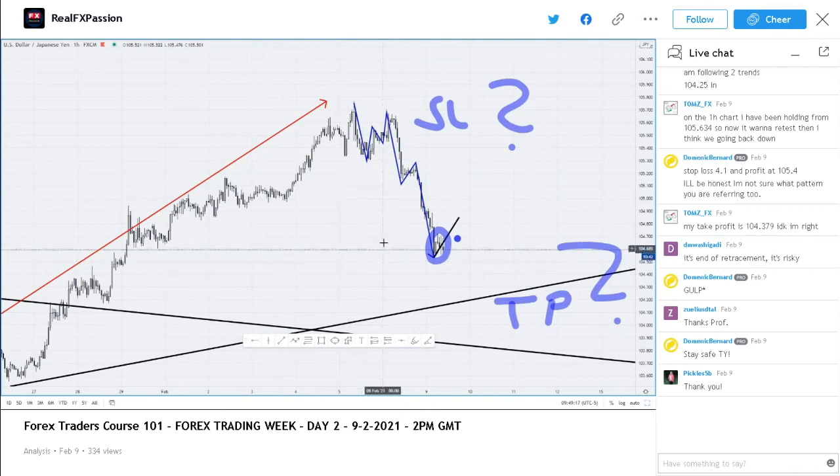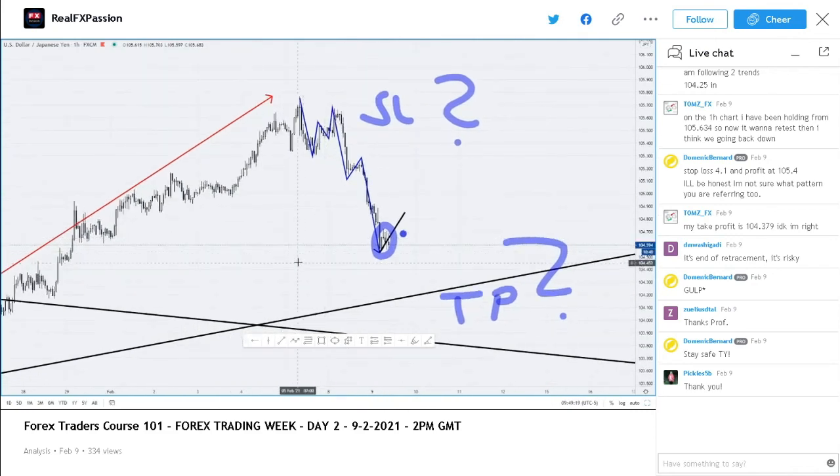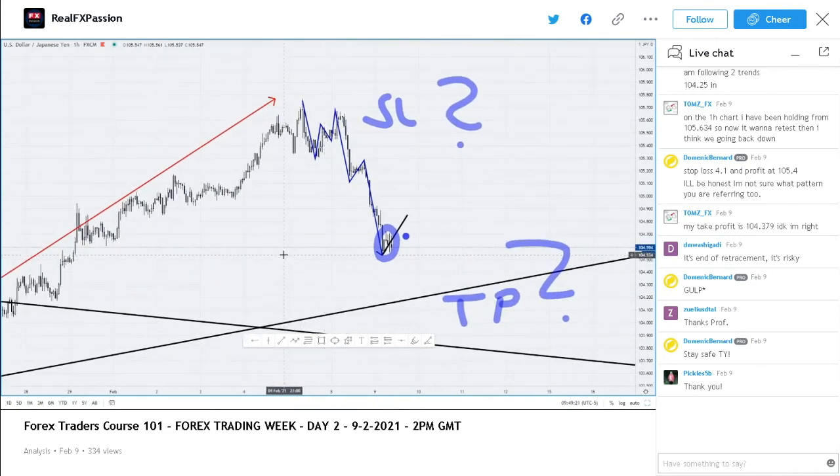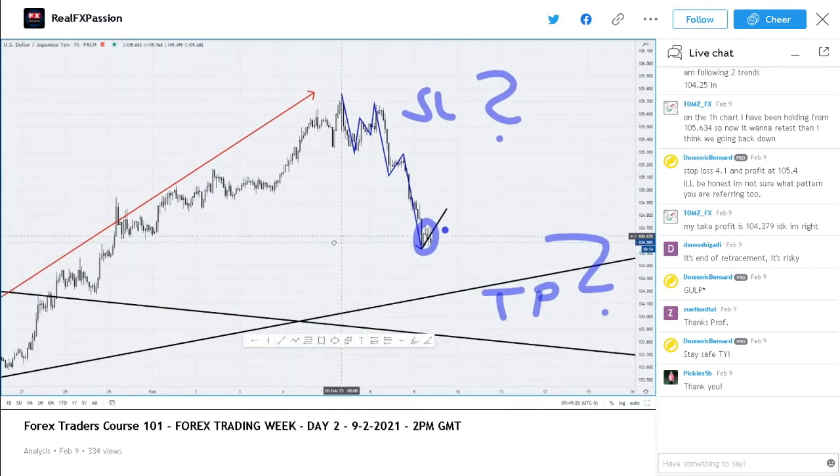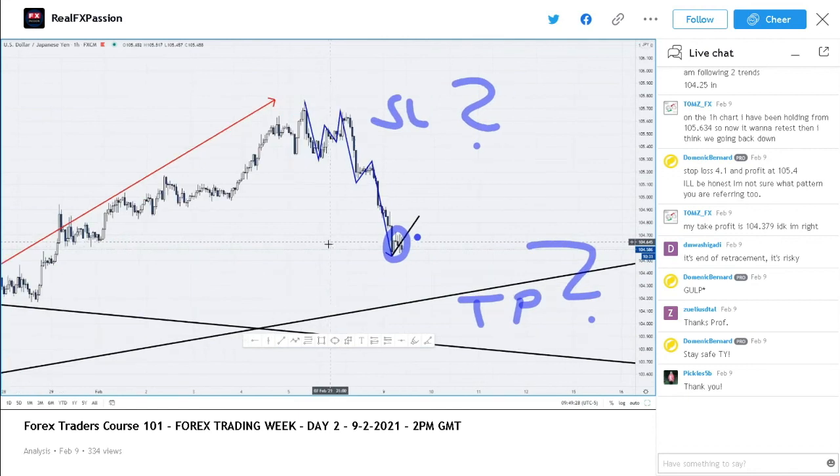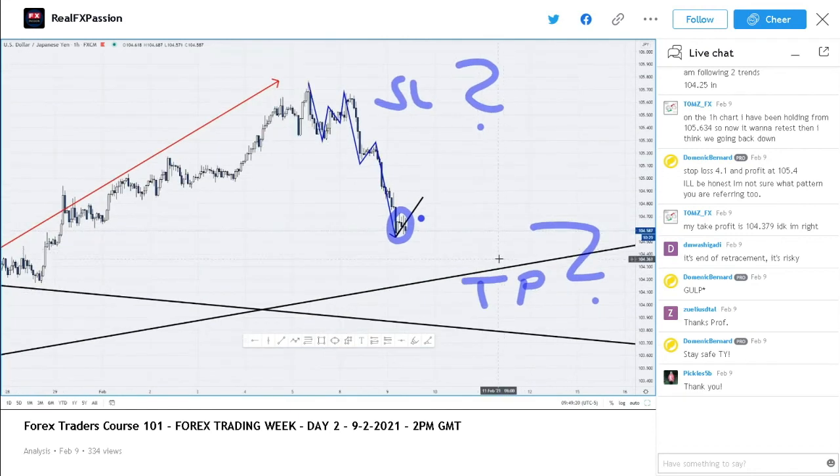The financial markets are not just numbers, everybody. Oh, I'm going to enter at 106 and, you know, I mean, this is a technique, it's a way, sure, but it's not just numbers.